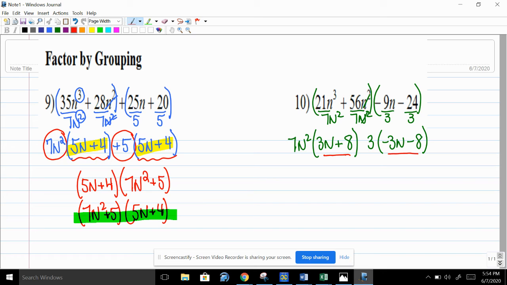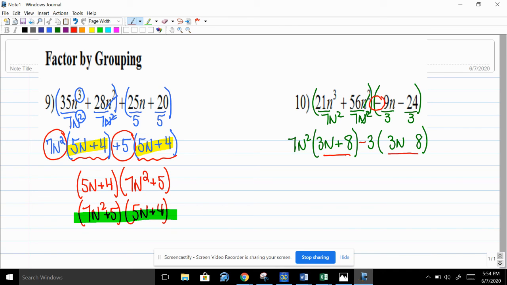So what you have to do when you have a minus sign in there, to make these match, we want this to be 3n plus 8. We want this 3n to be positive, and we want this 8 to be positive. So we want them to be the opposite of what they are. So what I'm going to do, guys, is factor out a negative sign.